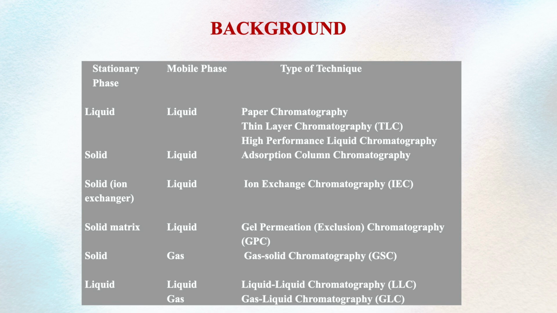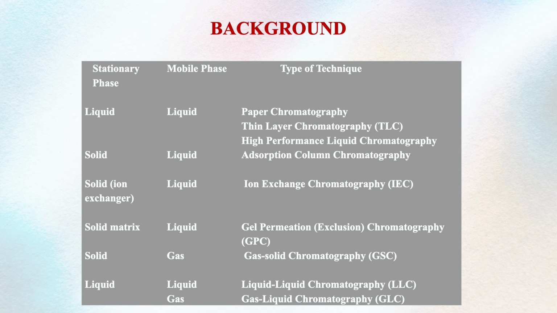If you are going to separate a molecule which has a specific charge, then you can separate the molecule based on its charge. That's why we use here a solid support which has the ability to exchange biomolecules. Another variant of this technique is gel permeation chromatography, where again we use a solid matrix. However, learners, we are going to know about all these techniques in detail one by one in today's session as well as in the coming sessions.